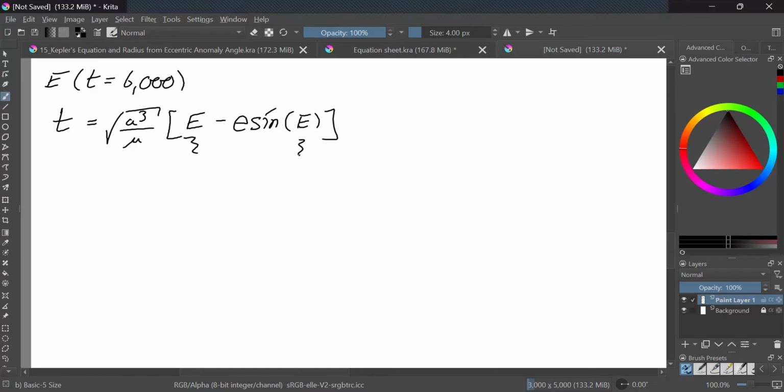We're trying to solve for the eccentric anomaly angle. The problem with that is that we have an eccentric anomaly angle inside of a trig function and outside of a trig function. And that cannot be solved for the way that we have been solving it, right?